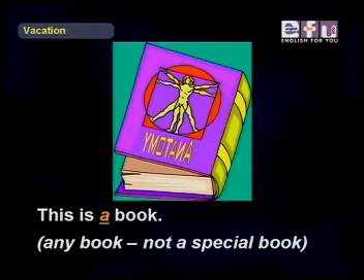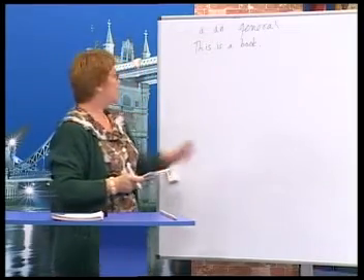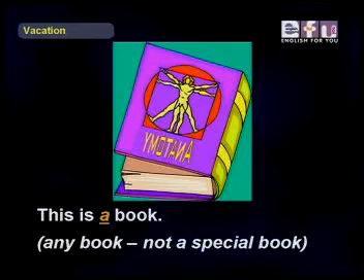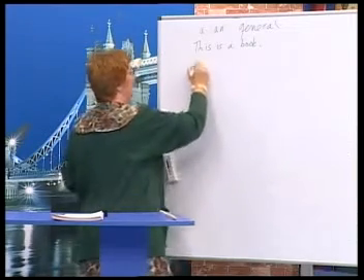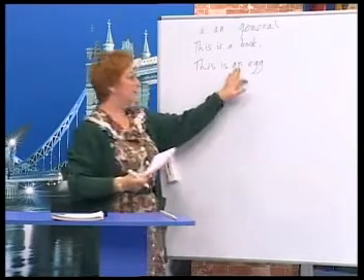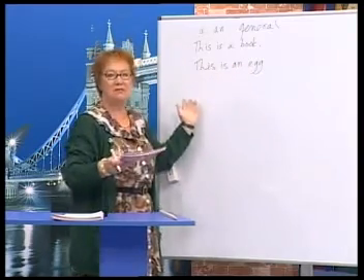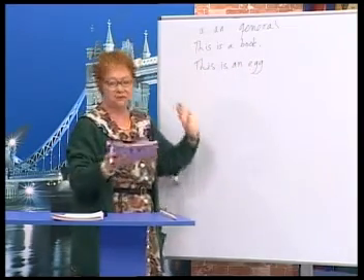General. It's any book. It's not a special book. Here's one: this is an egg. We had to use an because of the E. This is an egg. It's not a special egg, it's general.